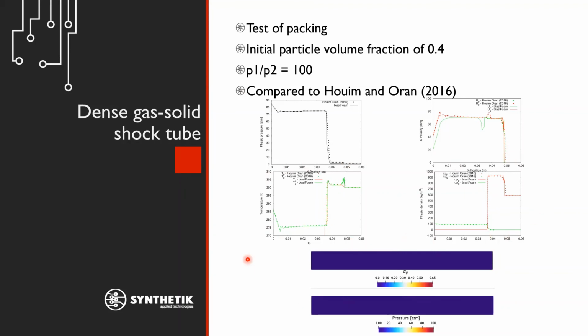And then I also have, good idea. So here you can see that as that shock tube progresses, you start to pack the particles. You can also see that here in the density. You basically hit this wall, which is at 0.65 volume fraction, and it just can't go any higher because it's fully packed.